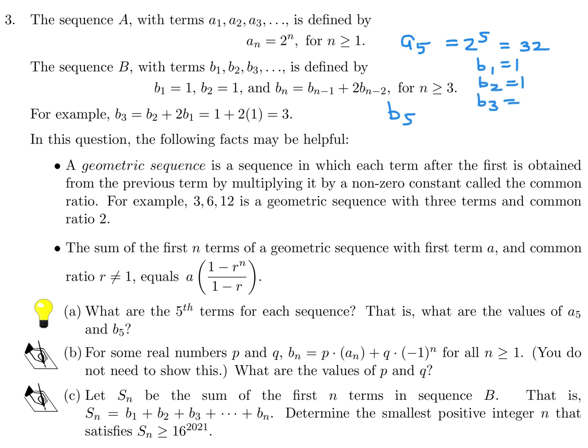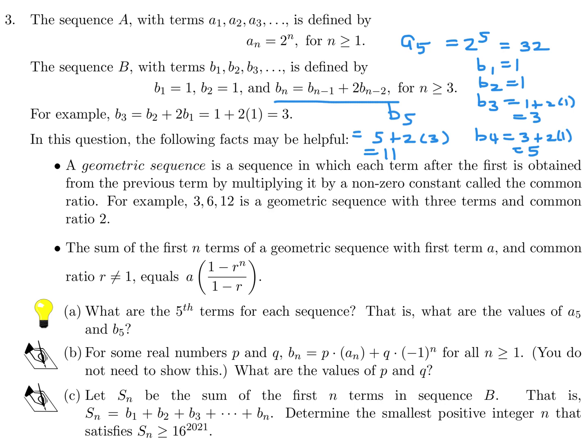B3, according to this definition, would be B2, which is 1, plus 2 times B1. And that math gives me 3. And then B4 would be B3, which is 3, plus 2 times B2, which gives me 5. And then B5 would be B4, which is 5, plus 2 times B3, and that looks like 11.